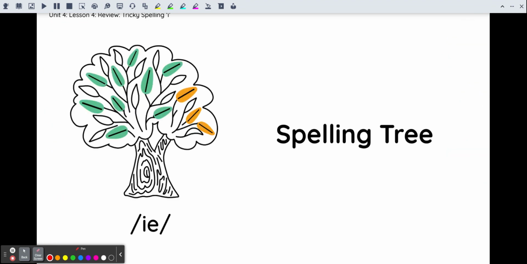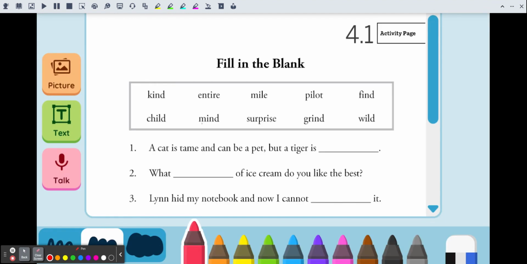So in our spelling tree, we could add the words bind, blind, find, grind, hind, kind, mind, rind, wind, mild, wild, child, because they all have the long I sound. Now you will work to fill in the blank for the tricky words.